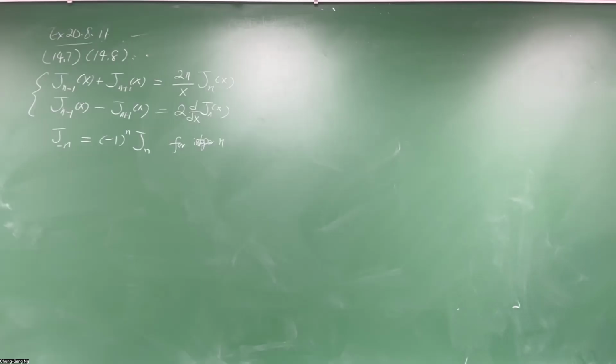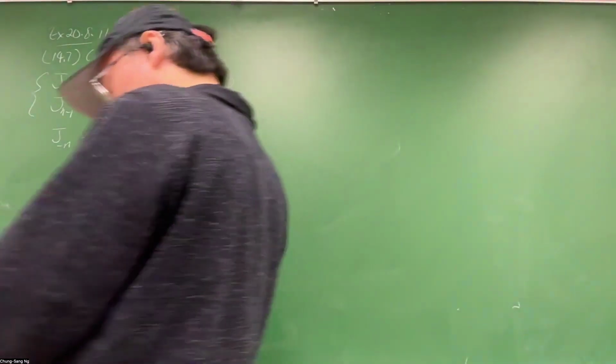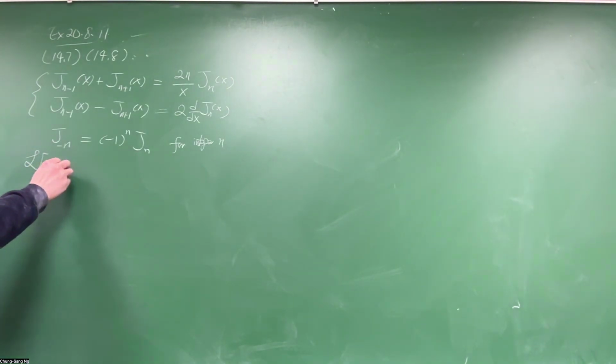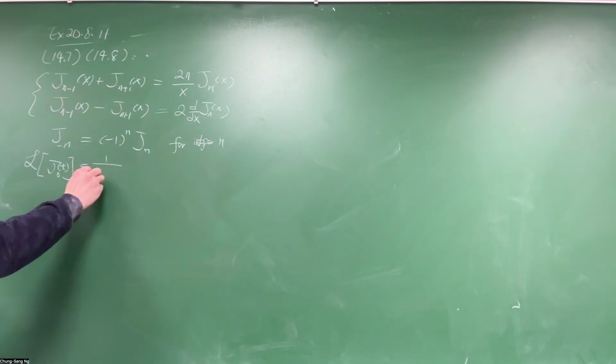That is in equation 20.182, an example in the textbook. In that textbook example, we already have the Laplace transform of J sub 0.